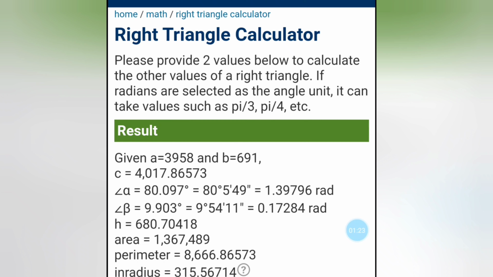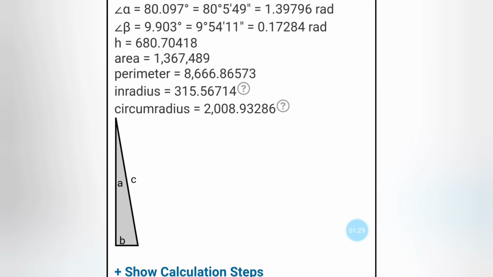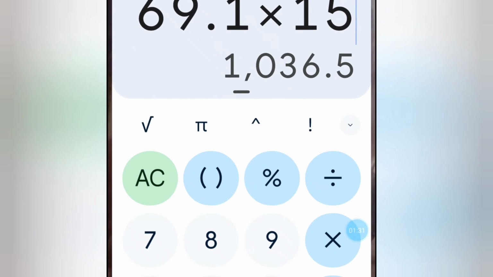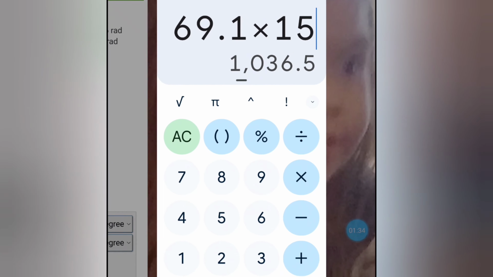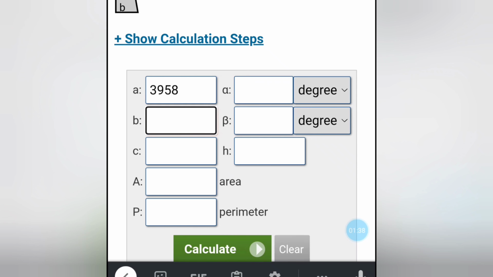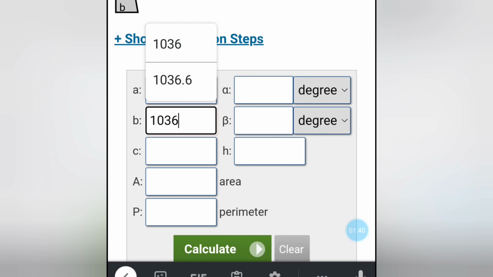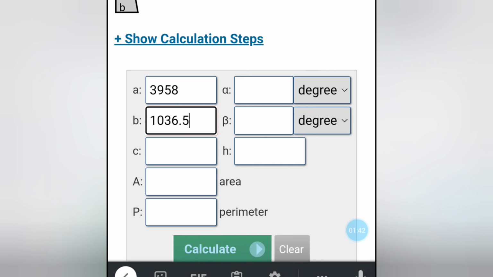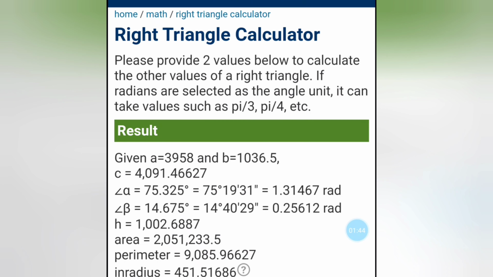We started at 90. We've moved 1 degree for 69 miles. Let's go ahead and try 15 degrees. So 15 times 69.1 is going to give us 1,036.5 miles. So we're going to put in 1,036.5 and 75 degrees.